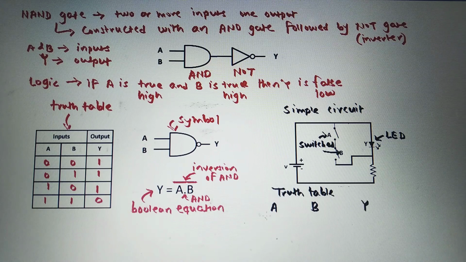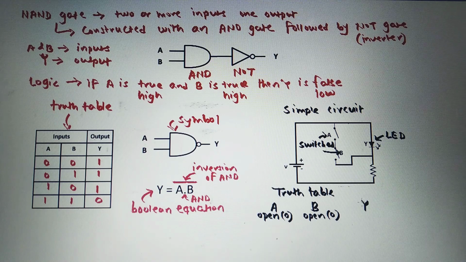Now see here, first we will take the first combination, that is if switch A is open, that means binary 0, and switch B is also open, that means it is binary 0. If both the switches are open, then what happens? The current will flow from positive terminal of this battery through this LED, through this resistor, to the negative terminal of battery.